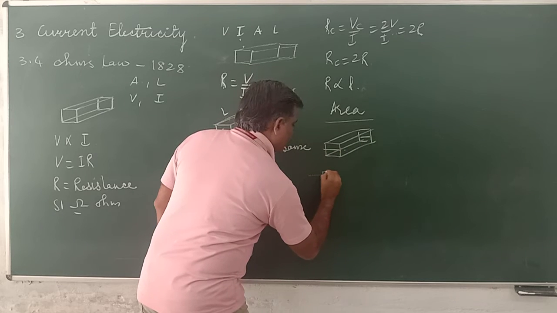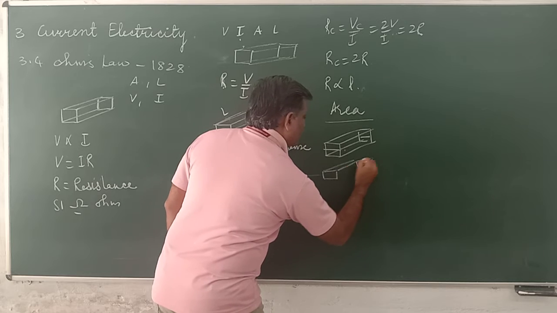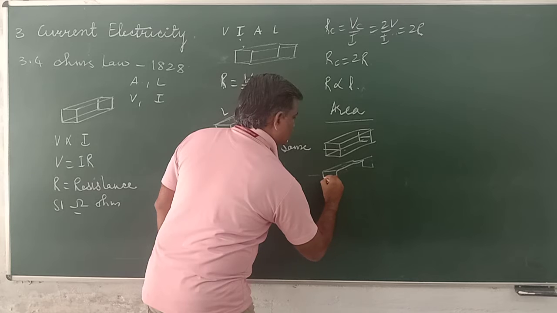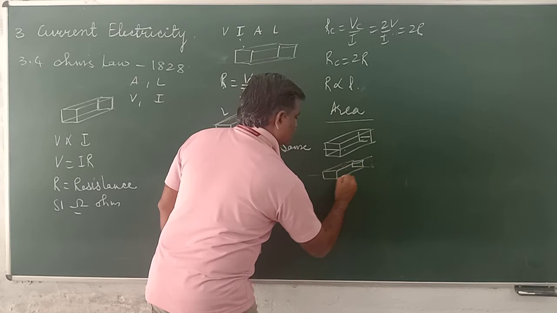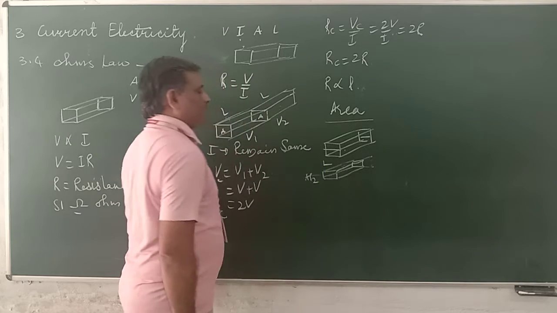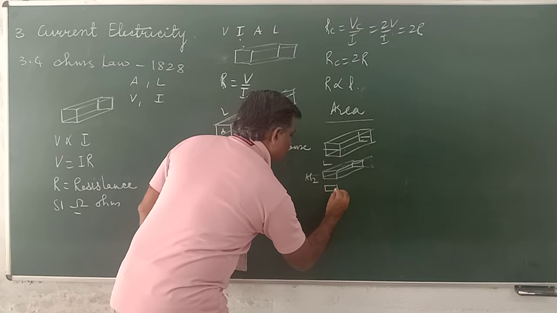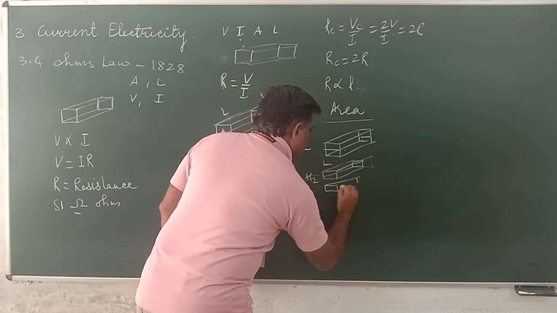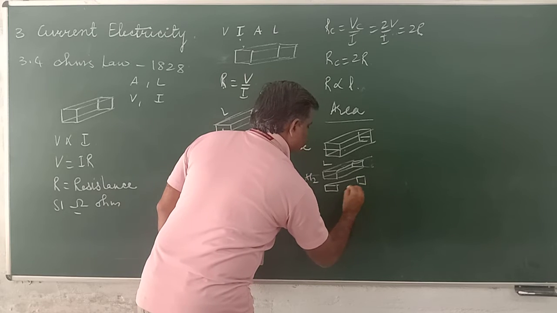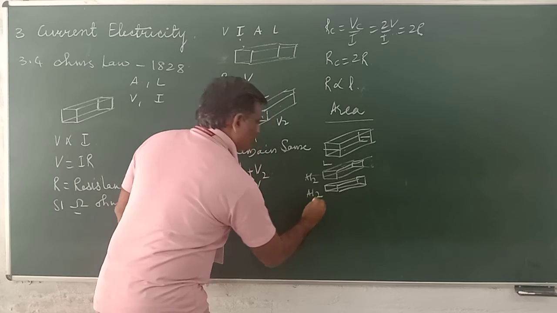When I join them, the area becomes A by 2, while the length remains the same. Again I divide its area, and this is also A by 2.